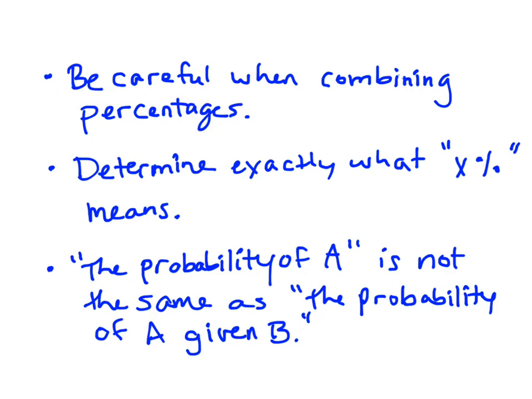We'll refer to probability a bit later in the course, but for now, just know that the probability of A, or something happening, is not the same as the probability of A given B. In our polygraph example, the probability that the test says somebody's lying is not the same as the probability that the test says someone's lying given that they failed the test.